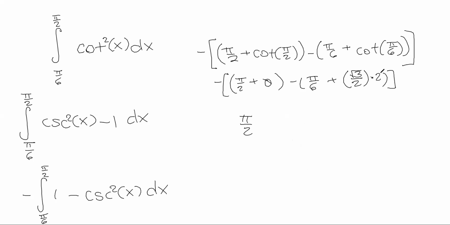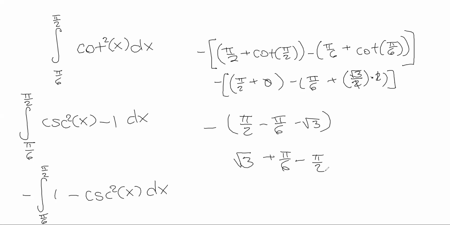So we can simplify this quite a bit. The 2 on top cancels with the 2 on the bottom. We're going to have minus pi over 6. And then we're also going to distribute the negative to our second term, so we're going to have a minus square root of 3. The whole thing is still negative, so we can distribute the negative. We would get root 3 plus pi over 6 minus pi over 2.